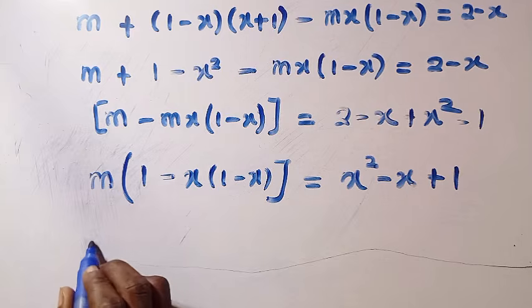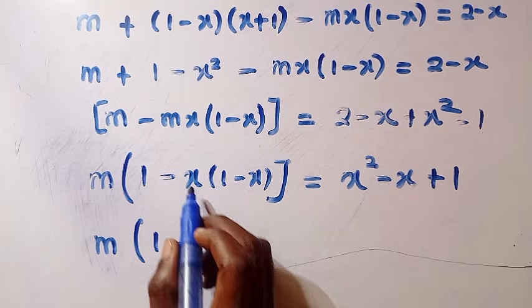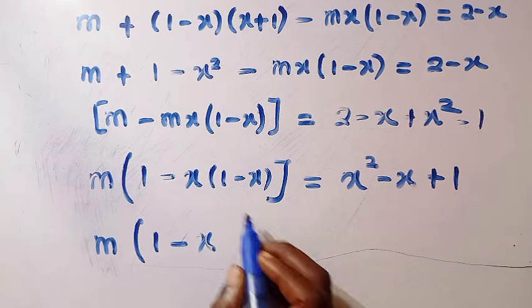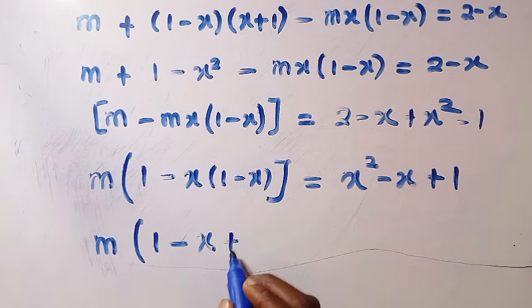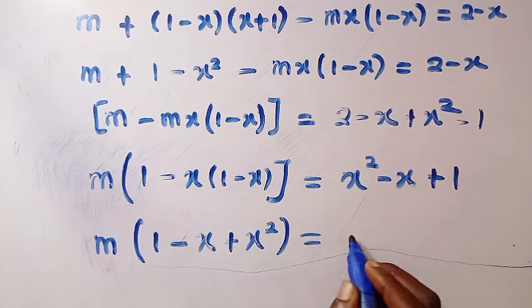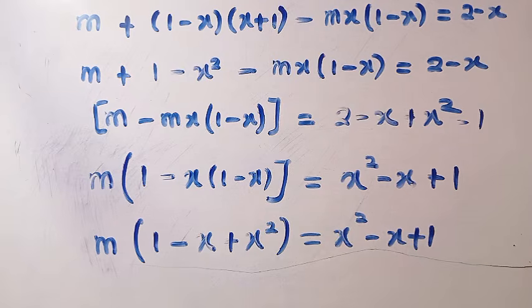And next, we have m into bracket of 1 minus, if I open this bracket with minus x times 1, that gives us minus x. Minus times minus is plus, and x times x is x squared. So everything equals x squared minus x plus 1.